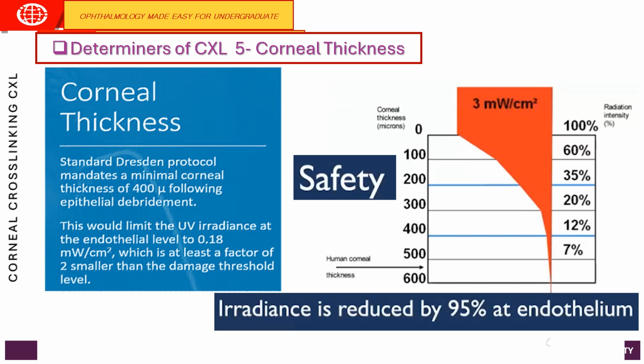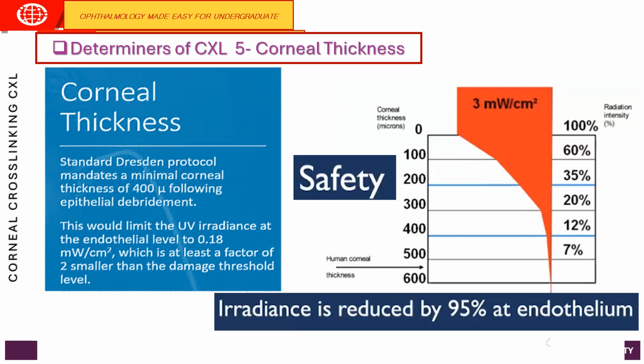This diagram shows the efficacy and the safety of the ultraviolet irradiation. As you can see, the concentration of the ultraviolet declines as you go deeper, so that by the level of 500 microns, you can see a minimum amount.